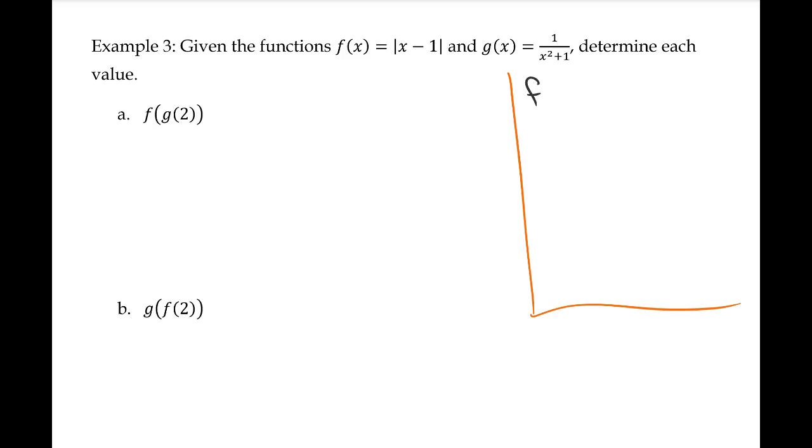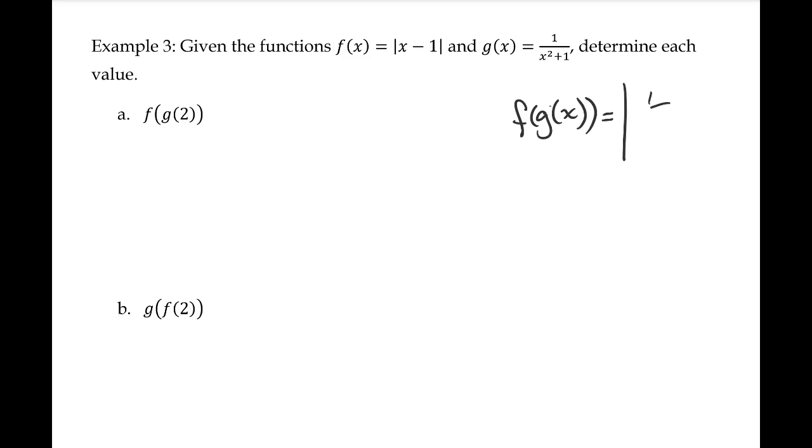So f of g of x would be, if we put this in place of x in my f function, the absolute value of 1 over x squared plus 1, minus 1, would be my function that I can use here.